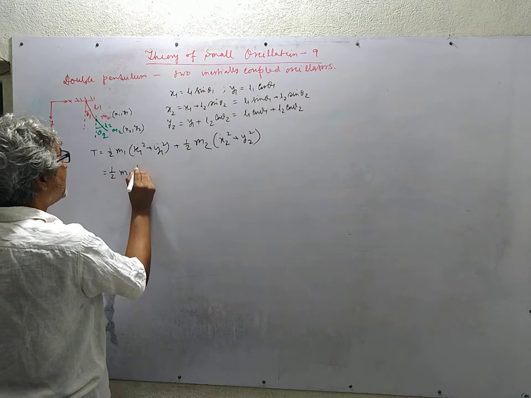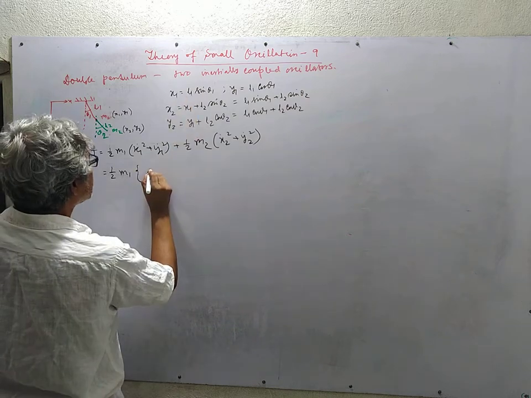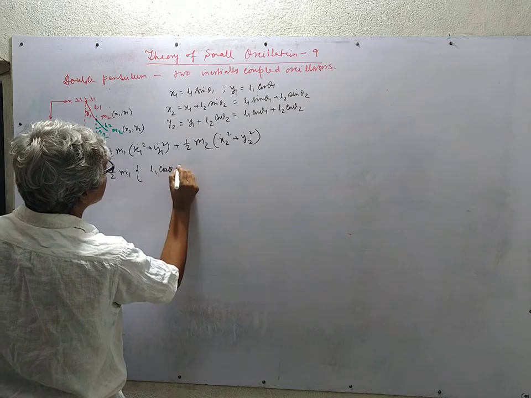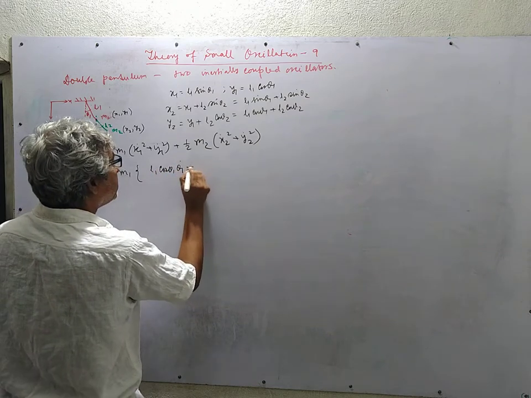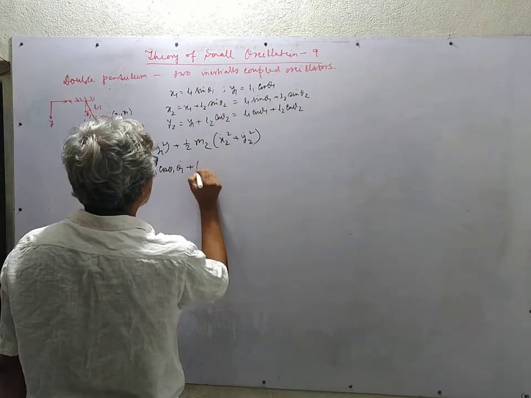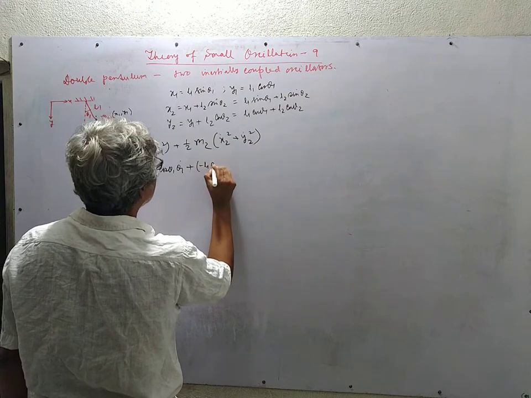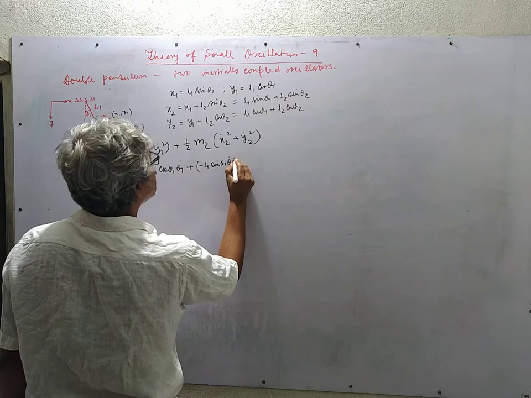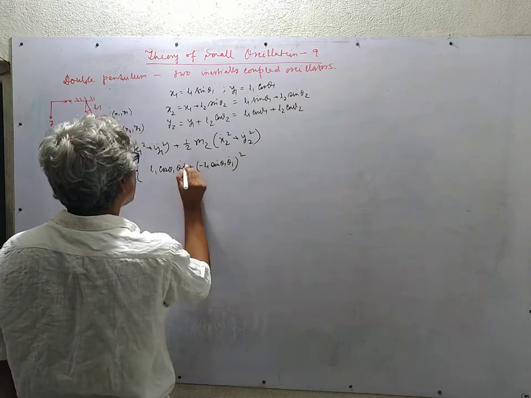For x1 dot, it is L1 cos θ1 θ1 dot, and for y1 dot, minus L1 sin θ1 θ1 dot, the whole squared.